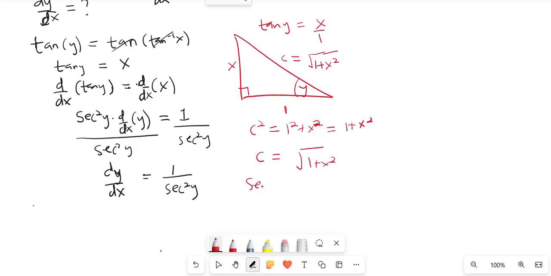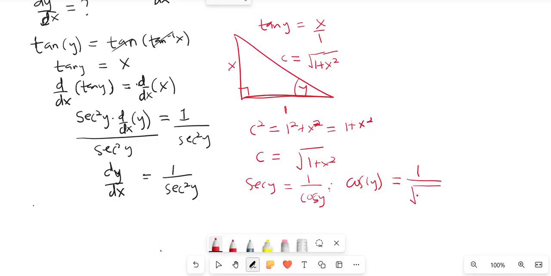So secant y in this case is equal to 1 all over cosine y. So what is cosine y? Cosine y is equal to adjacent over hypotenuse. Adjacent is 1 all over hypotenuse.